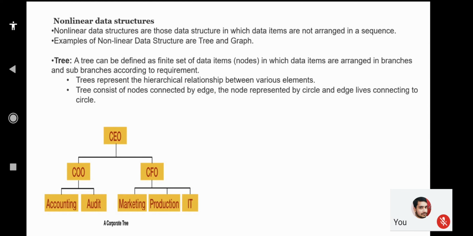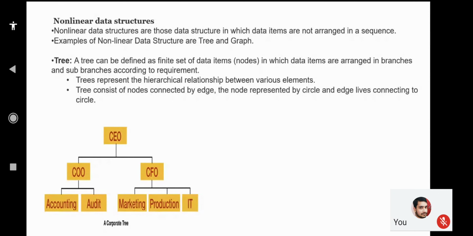Here, the data are represented in a hierarchical order. Suppose this is your level 0. In level 0, we have the CEO. Now there are two successors of the CEO, that is COO and CFO.